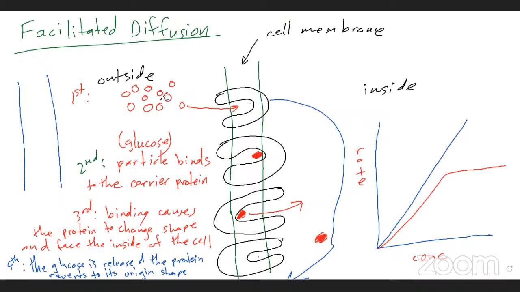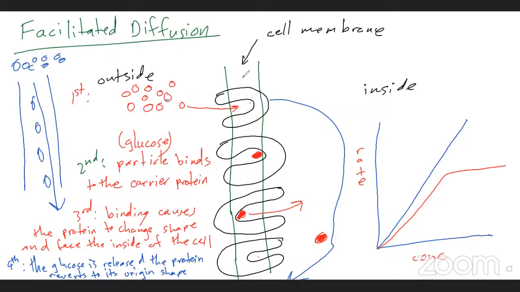So let's look back at the channel one. With the channel, it doesn't matter how much glucose is on the outside. They can simply flow through the channel, because the channel protein is not taking it up. The channel is, as it says, a channel, so they're just passing through. When they increase it, they move faster and faster.